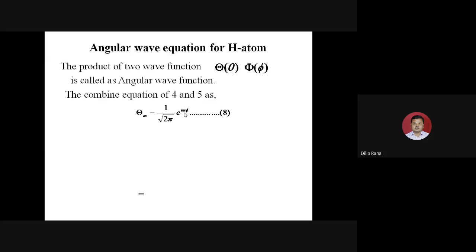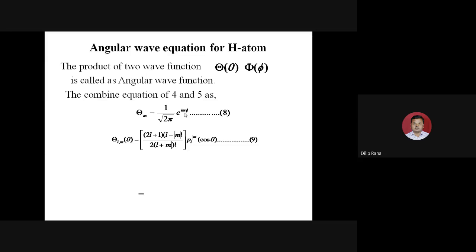So when we solve the theta equation, that is equation number 4, we get the solution as phi m equals 1 by root 2 pi e to the power i m phi. This is complex. Now the next one, equation number 5.